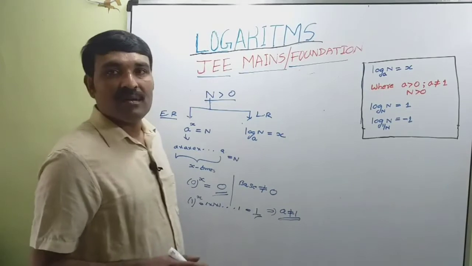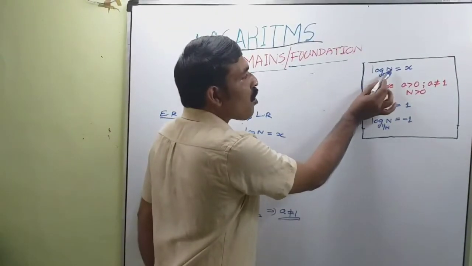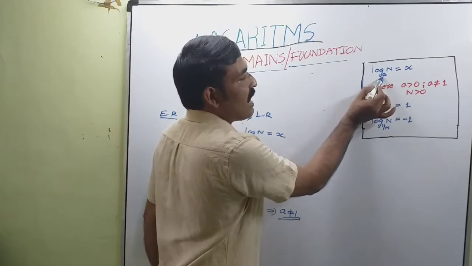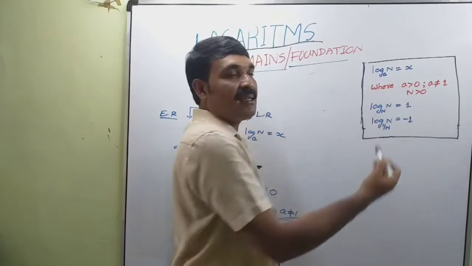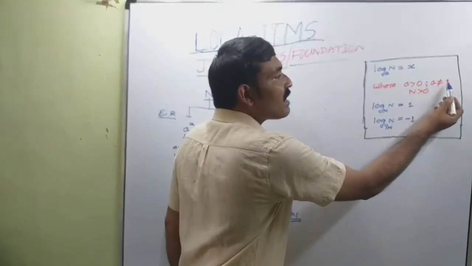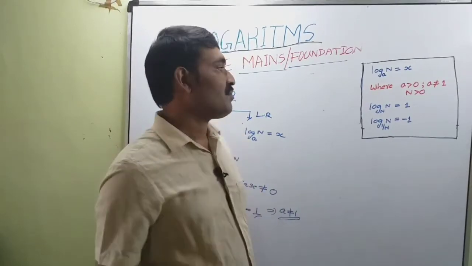So we can conclude logarithm of n to the base a is equal to x, where a is greater than 0, a not equal to 1, and n greater than 0.